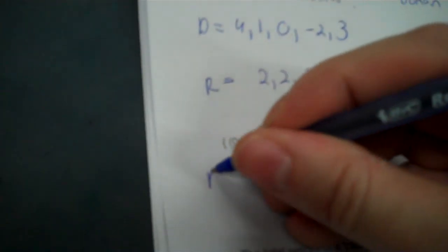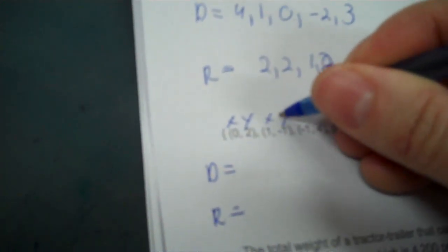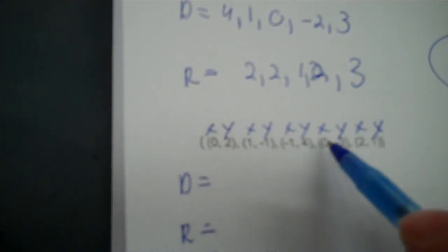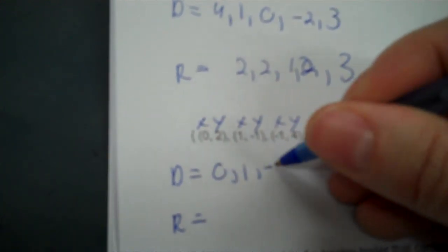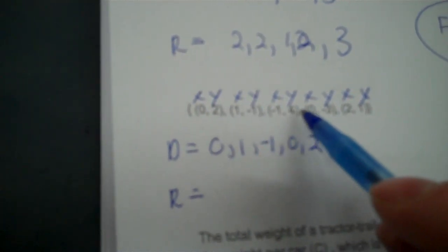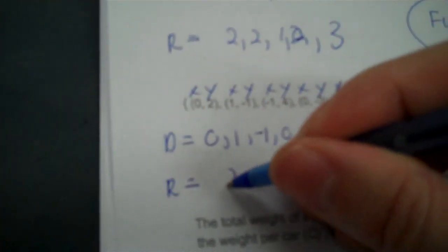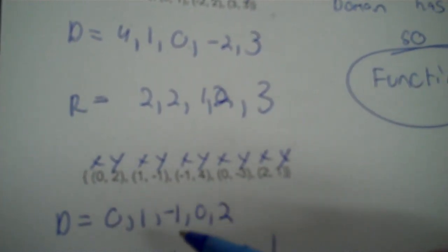Okay, next one, domain and range. So my domain are 0, 1, -1, 0, 2. And the range 2, -1, 4, -3, 1. Now you look at your domain, it's all you look at.